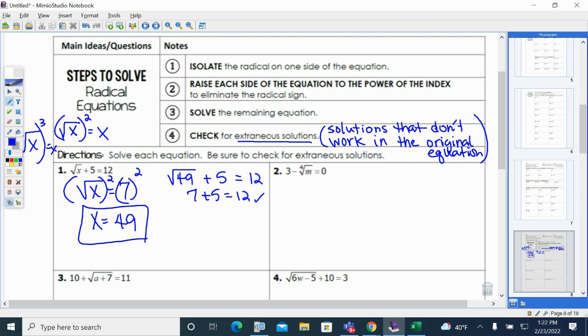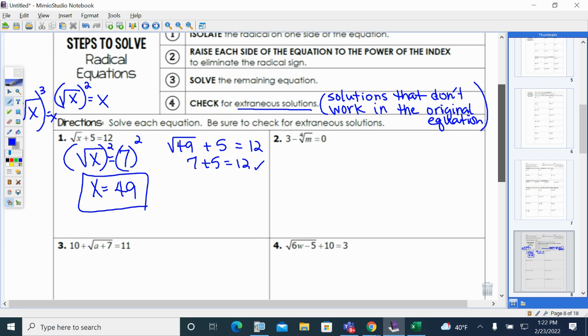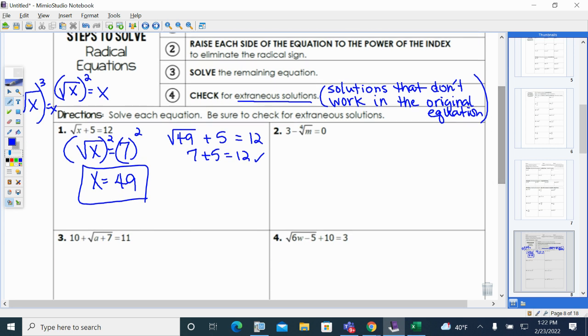I want to look at number 2. In example number 2, we've got 3 minus the fourth root of m is equal to 0. So the first step here is to get the radical by itself. And we can do a couple of different things.